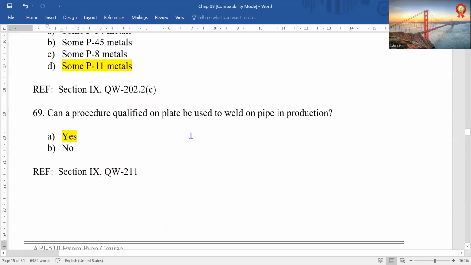Can a procedure qualified on plate be used to weld on pipe in production? Yes.